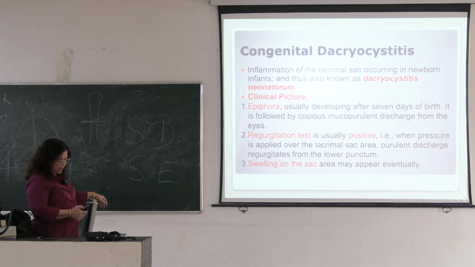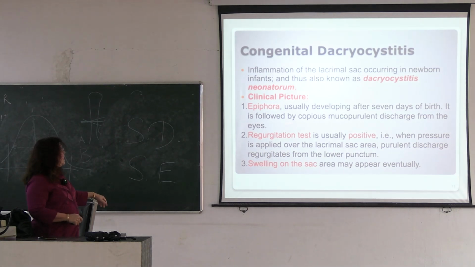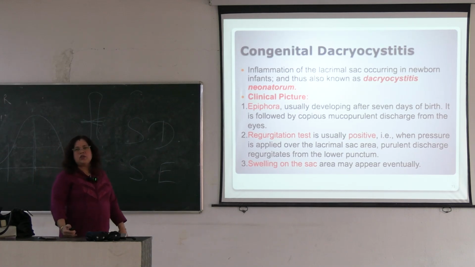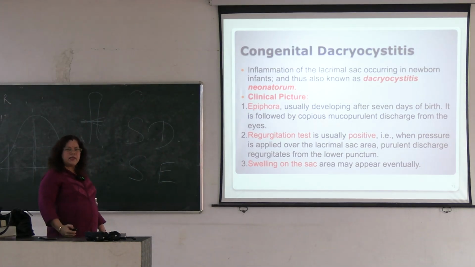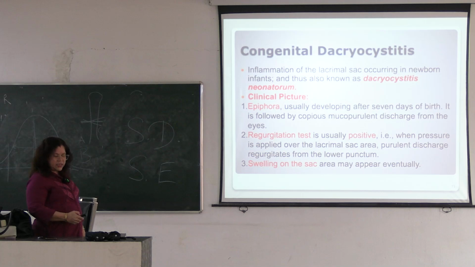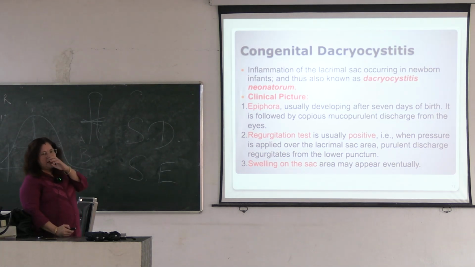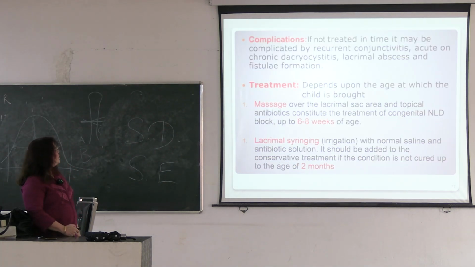The clinical features are: the patient's mother complains there is epiphora after the age of 7 days from birth. When the regurgitation test is done, it is positive, and on examination we find swelling over the lacrimal sac. These are the positive findings of congenital dacryocystitis.